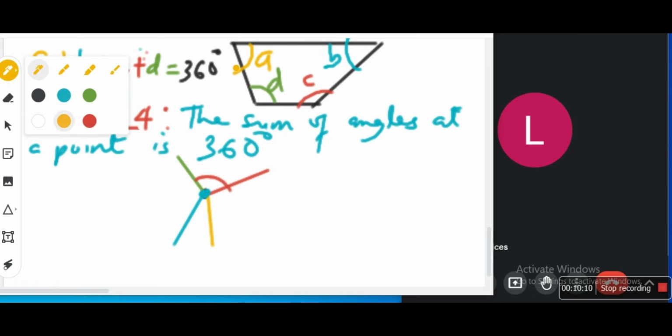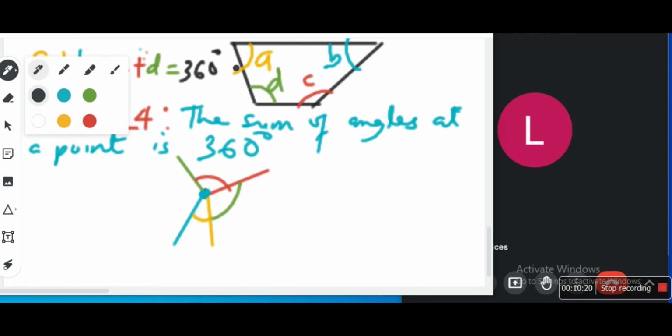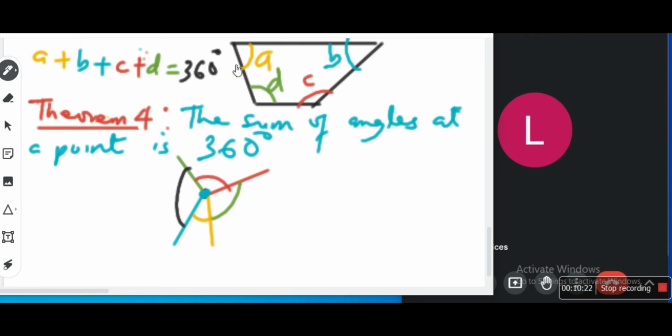this angle, this angle, and this angle must add up to give you 360 degrees. So let me use A, B, C, D. When you add A to B to C to D, you must get 360 degrees.